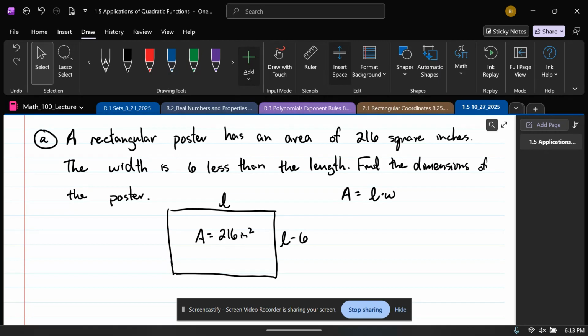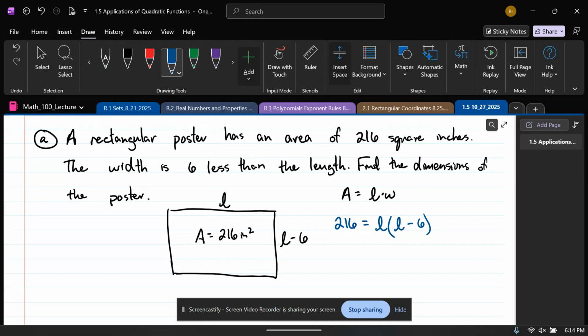For us, the area is 216. We don't know the length, but we called it L, and we know that the width is L minus 6. So we've got an equation now that maybe we could do a little work with.